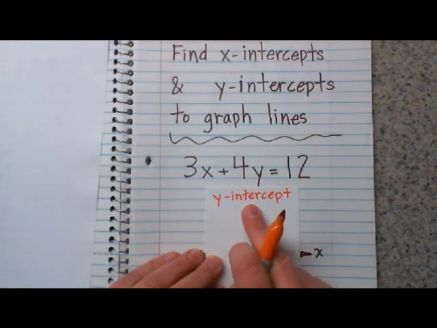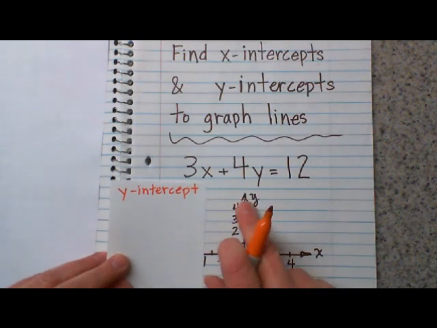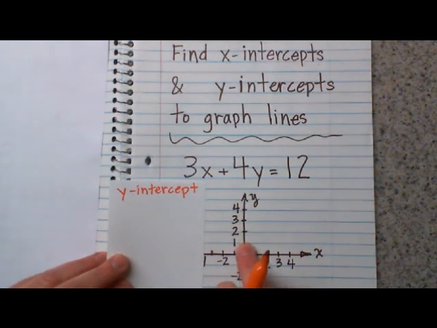The first thing I'm going to do is look for the y-intercept. Now the y-intercept is going to be where it crosses the y-axis, right? And we have to remember, if it's going to cross here, then this point is going to be at x equals 0. That's the only way it can cross it, when it's at x equals 0.